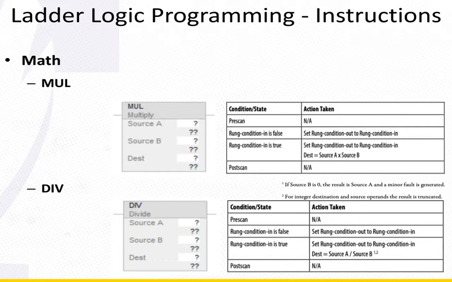Divide is exactly the same. The only difference here is order matters a little bit, right? So which one is being divided by which? We can type in an immediate value or give a tag name for source A. We can type in an immediate value or give a tag name for source B. Immediate value is a number, right? So 77.2, that's a real immediate value. 20, that's an integer or double integer immediate value.